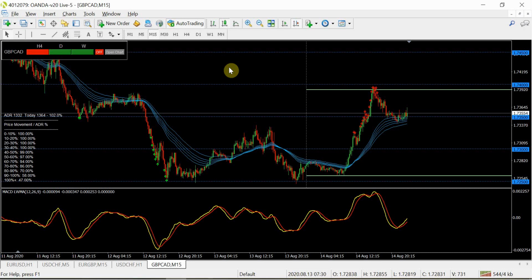The next bit is obviously the RSI MTF indicator, which is where the RSI is overbought and oversold on multiple time frames, and it's set to 70-30 in terms of the overbought and oversold levels, and the time frame is one time frame higher. So the RSI needs to be overbought or oversold on the current time frame, which is the 15-minute, and one time frame above, which is the 30-minute.